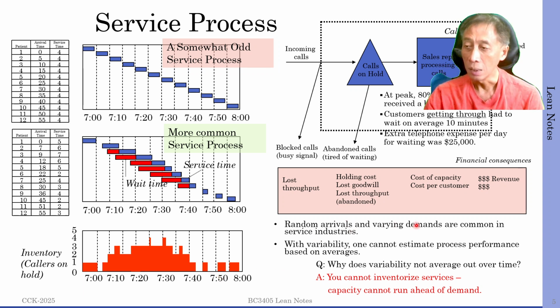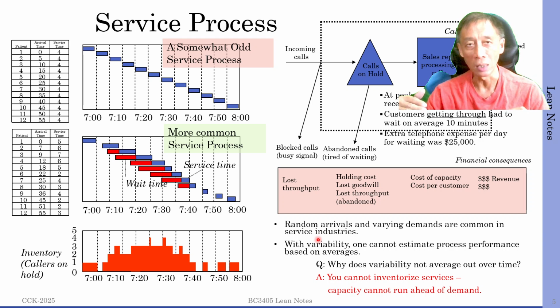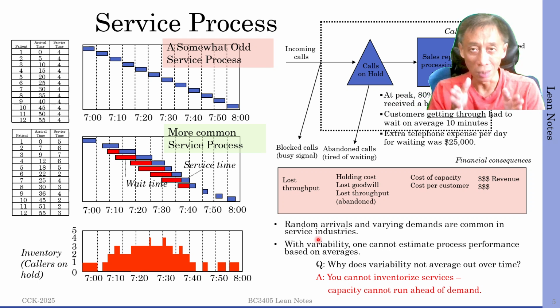Random arrivals and varying demands are common in service industries and also in manufacturing industries. In manufacturing industries, we have conveyor belts. And as you can picture, imagine, or even just look at YouTube, most of the flow units, the manufactured items on the conveyor belts, are by design placed equidistant apart.